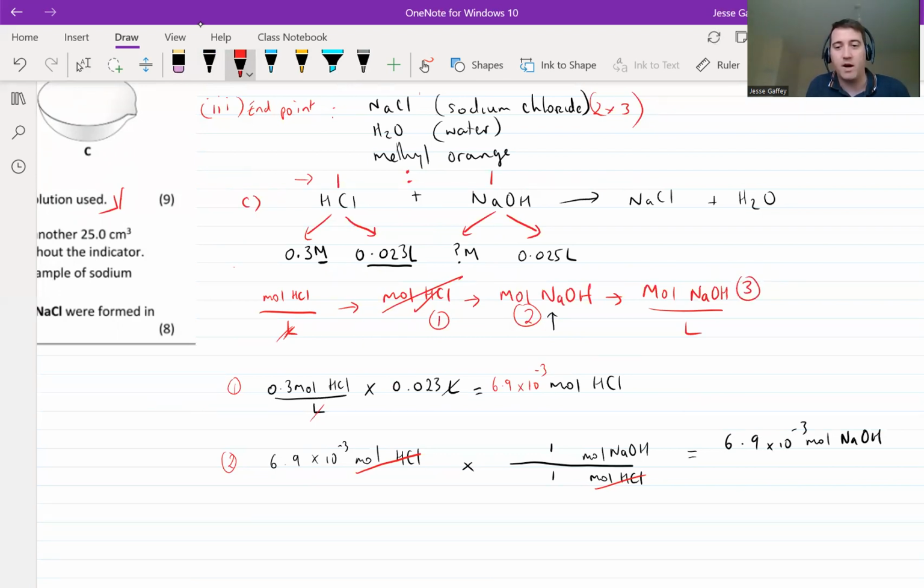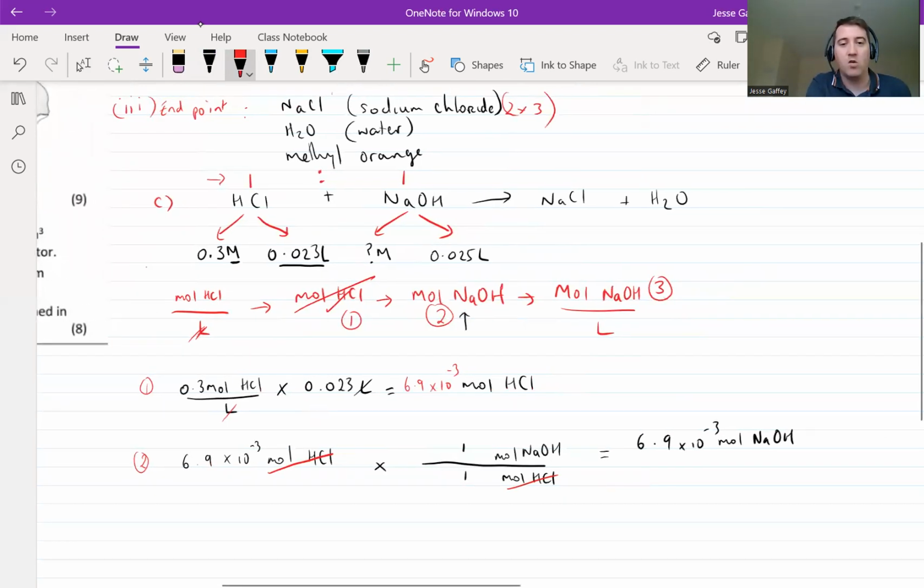And now I need to go to part 3. I need to change it to moles per liter. So I currently have moles of NaOH. And I want it to be moles of NaOH per liter. Well, if I want it to be moles of NaOH per liter, I need to put per liter on the bottom. And then how many liters of NaOH did I have? Well, here it was 0.025.